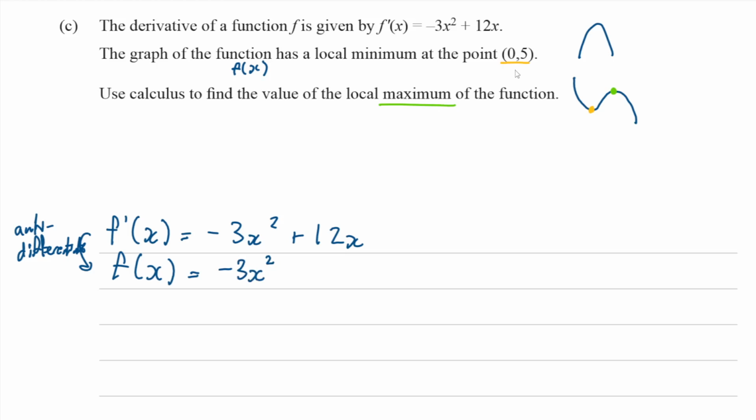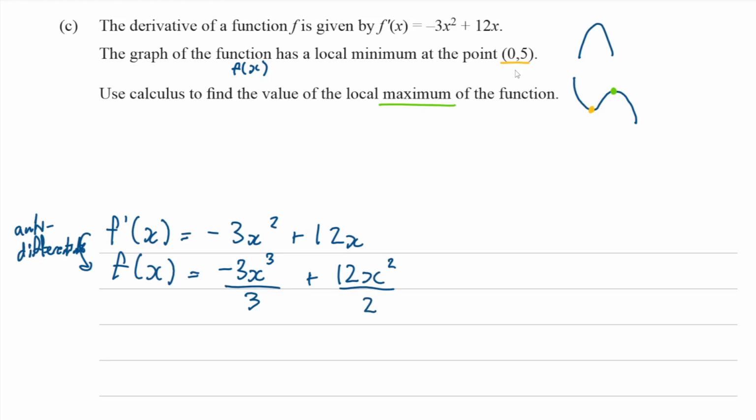So instead of squared, it'll be to the power of 3, but then we divide by that new power. Similarly for 12x, we add 1 to the power. Originally it's to the power of 1, so now it'll be squared, and we divide by the new power.